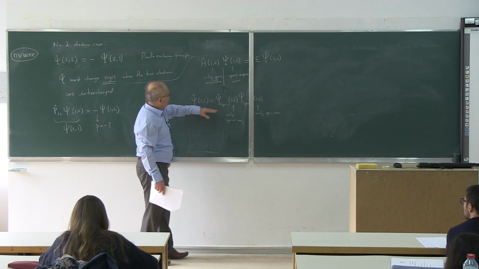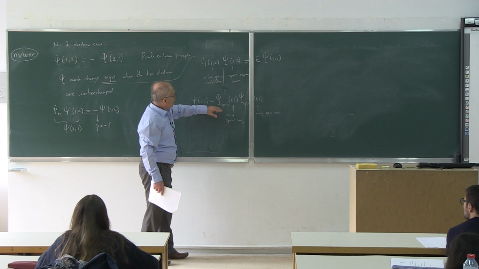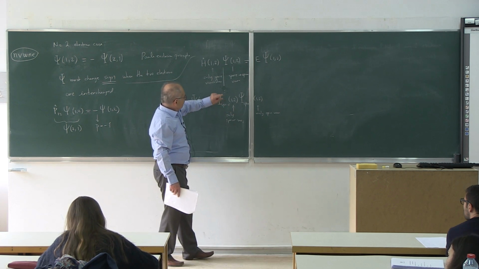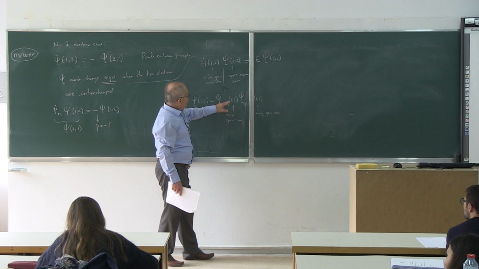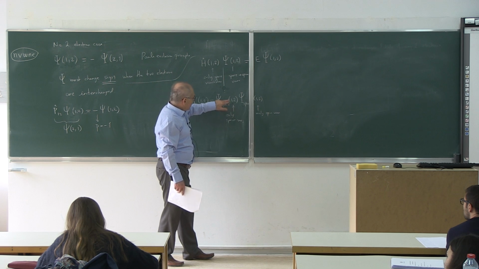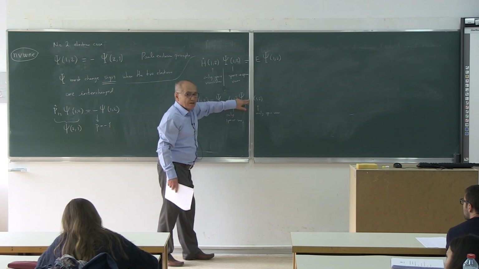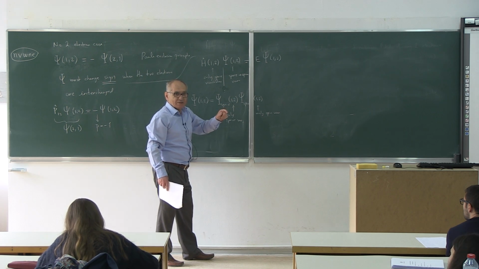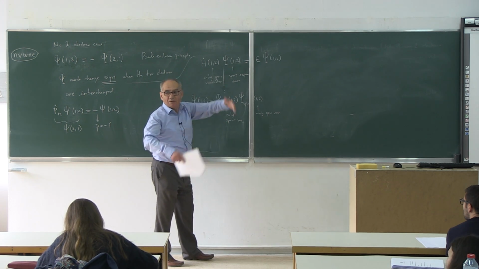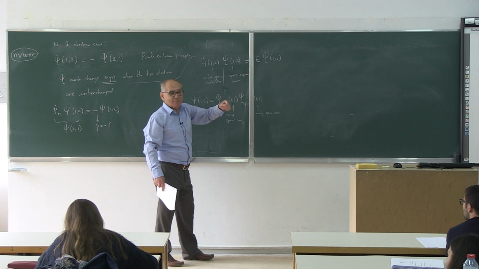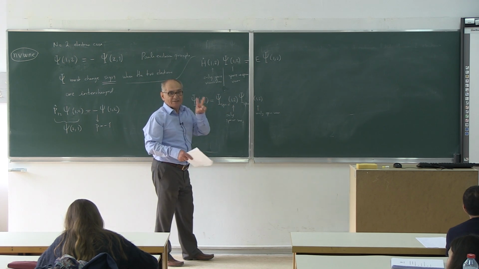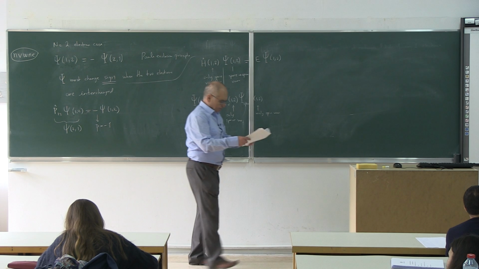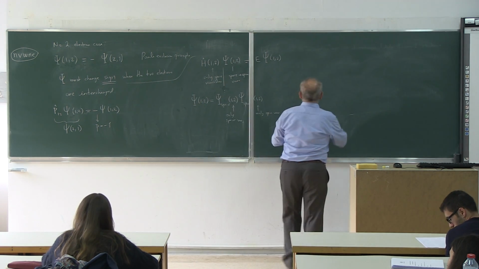For the antisymmetry requirement to hold, under the exchange, either this function for space exchange or that function for spin exchange must change sign, such that the overall change in the sign must be -1. So there are just two possibilities here.